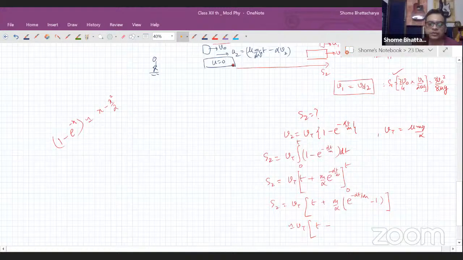So either we can do that or we can do the approximation at this stage only. Here only we can approximate 1 minus e raised power minus alpha t by m as alpha t by m.